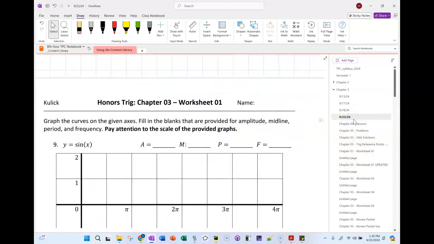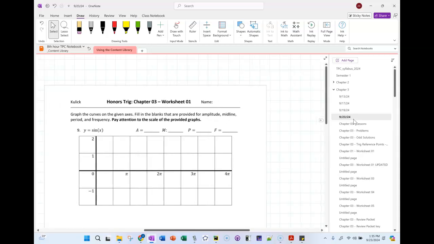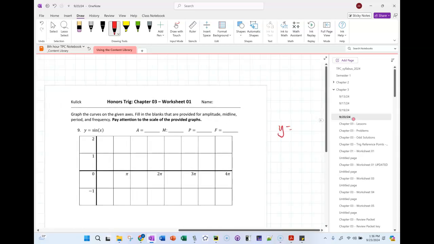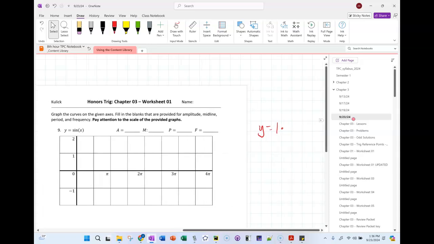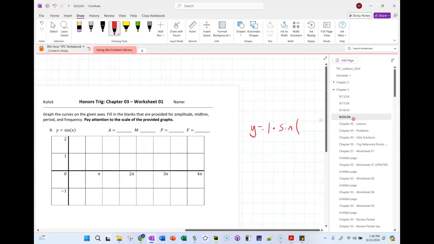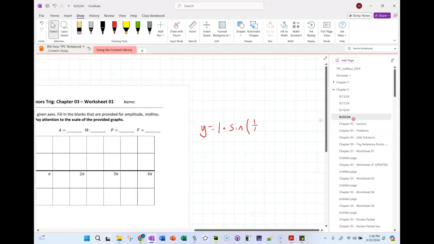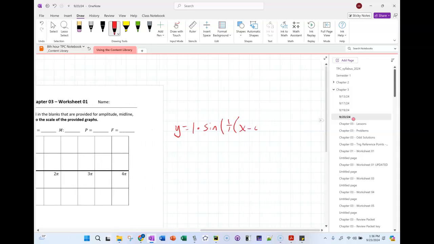So if I think about this, this would really be 1 times sine x of 1 over 1 times x minus 0 plus 0, right? If I wanted to write it in this form, does that feel okay?